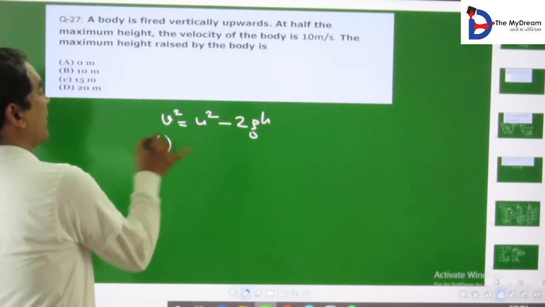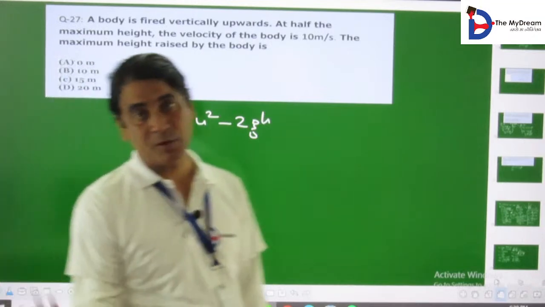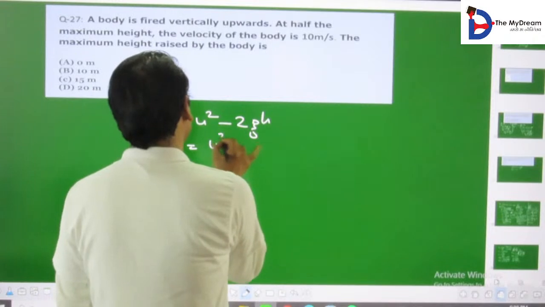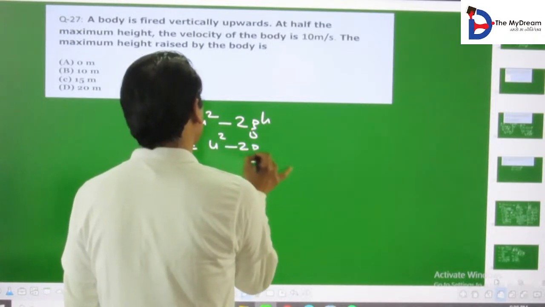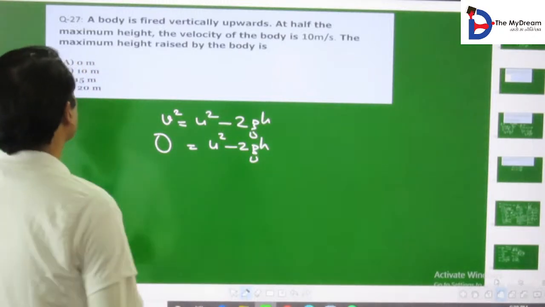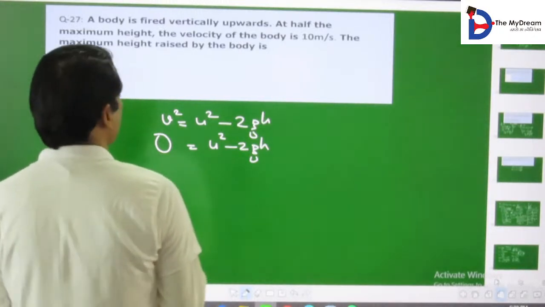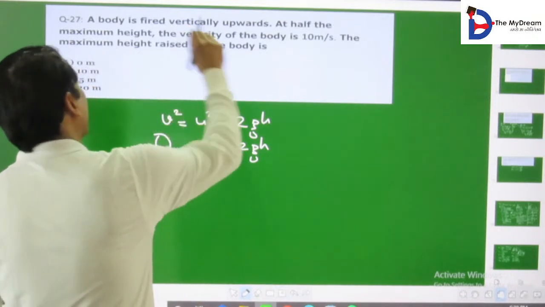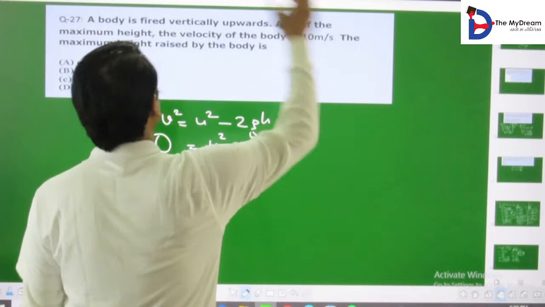At the highest point, the velocity will become 0. So U, now the velocity of the body is this. Okay.